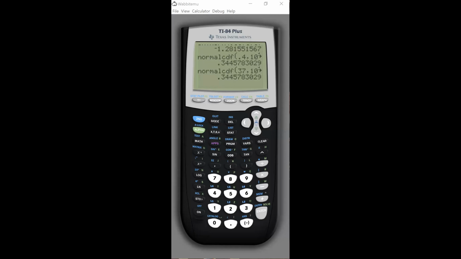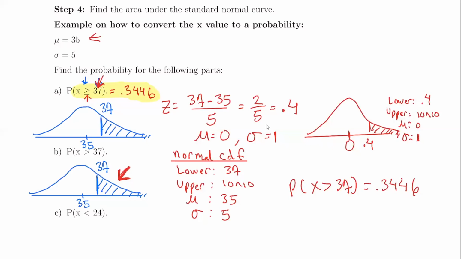So if we can just enter the numbers as they stand, what's the point of converting it to standard first? Well, the point of converting to standard first was kind of before we had the technology. Because they used to use something called a z-table, and the z-table had all of the z values. So the reason why you want to standardize the value is because you want to find what the z value is, so that way you can just use that table.